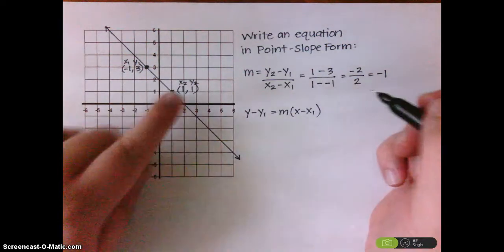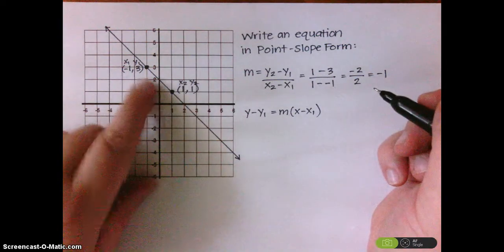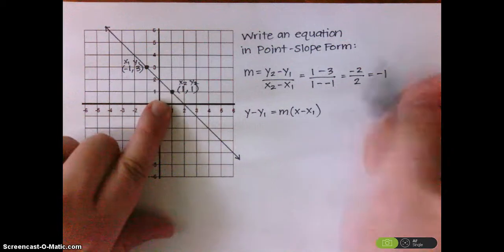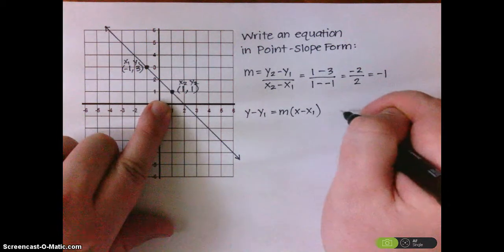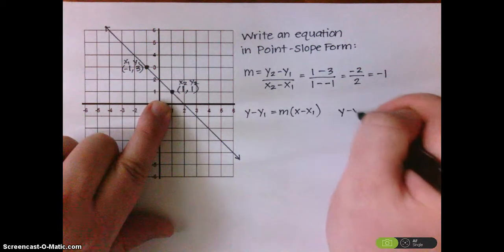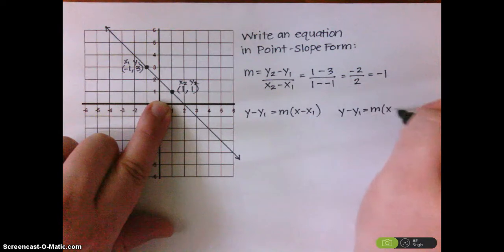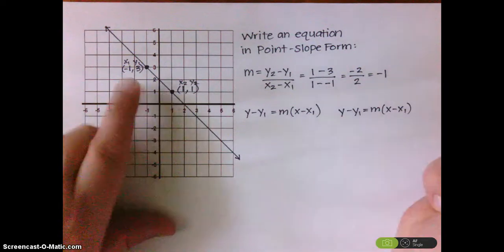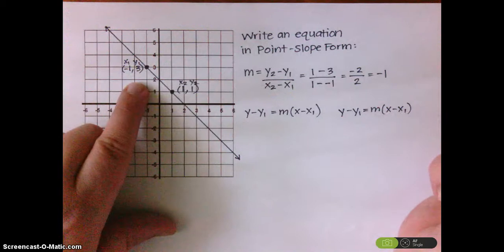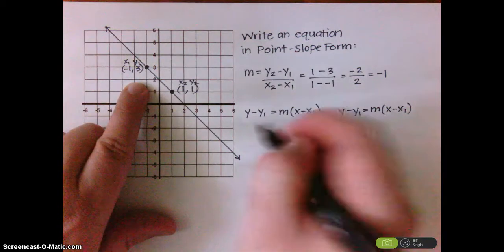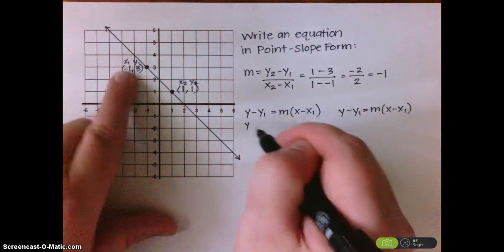But I have 2 points here. Do you think it's going to matter which point I use? Well, let's see. I'm going to actually write this twice, and we're going to compare the 2 different ways that you might use either one of the points and see if we do get the same equation in the end. So let's start with this higher point.